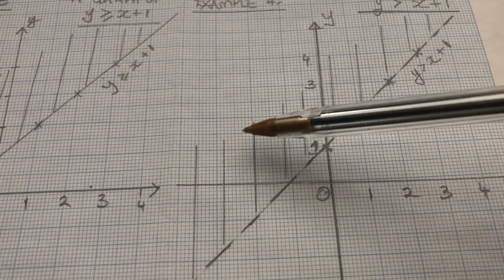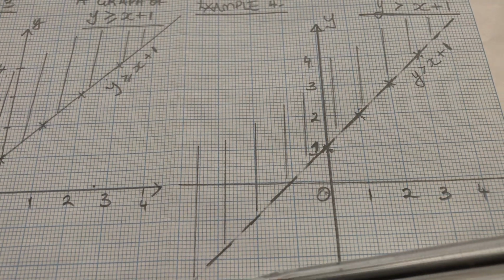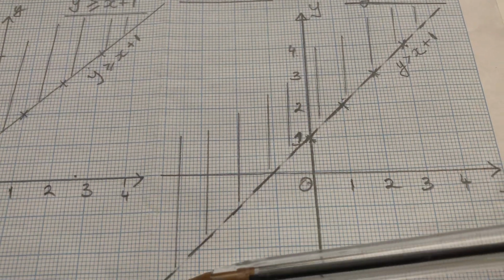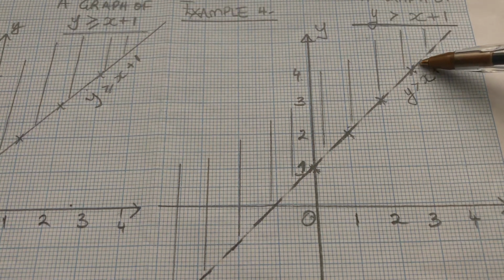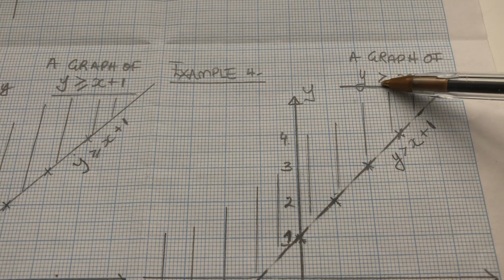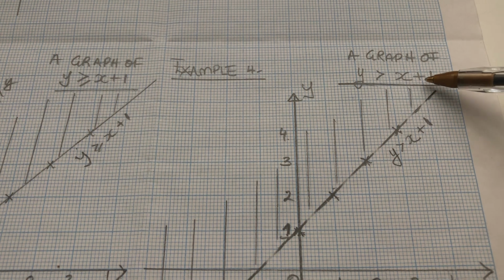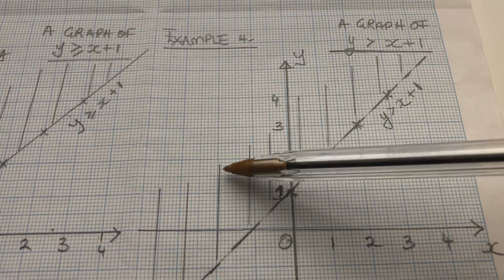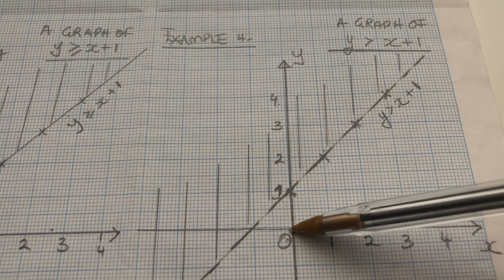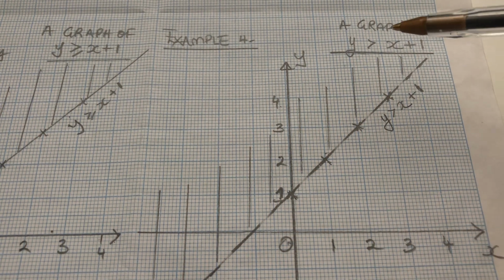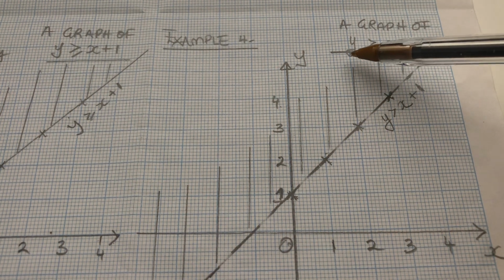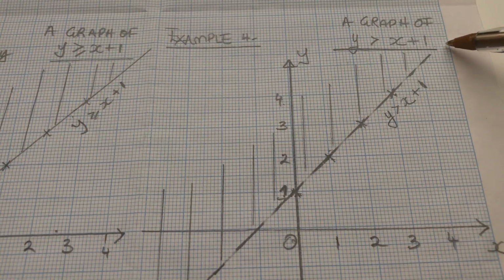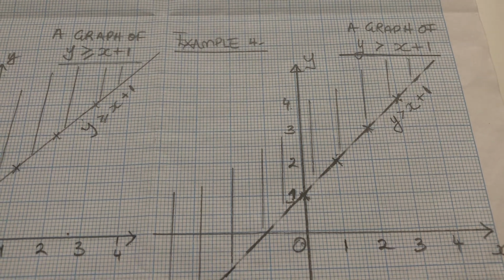Or you draw the line in a broken way, as I did here, so that they know that you want y greater than x plus 1, but the region will still be upstairs, because if you put this origin point in your equation, you are going to get 0 is greater than 1, which will be false.